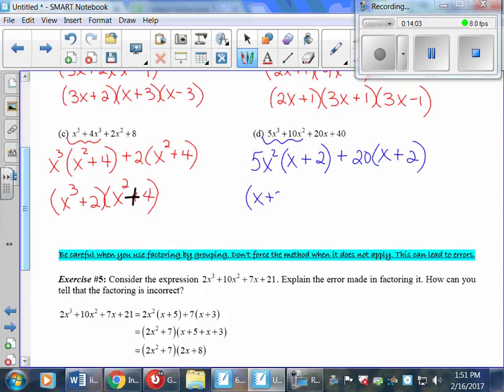The x plus 2 times 5x squared plus 20. So again, I can pull out a greatest common factor here and make this x plus 2 times 5. I'll put the 5 out front here, and I have x squared plus 4.